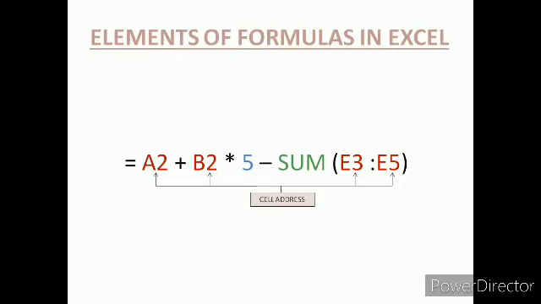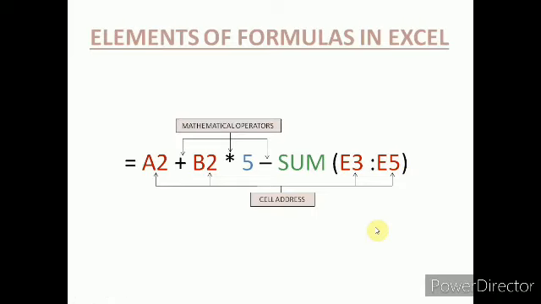It is a cell that you want to include in your calculation. Instead of directly including the data, we give the cell address in the formula. For example, A2. A2 represents column A and row 2. B2 similarly, E3 and E5.